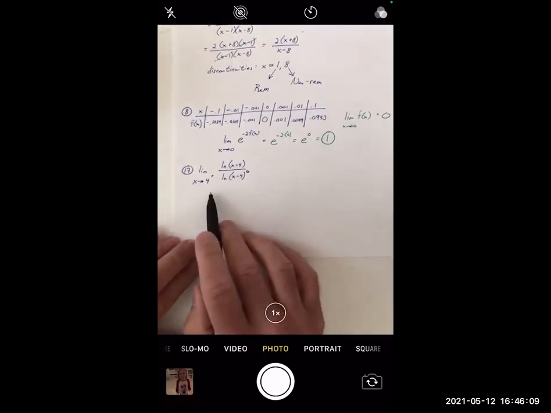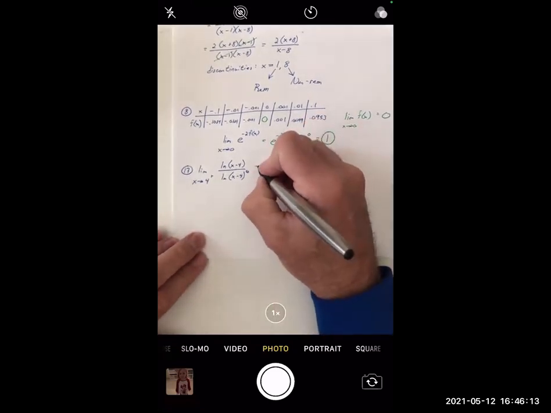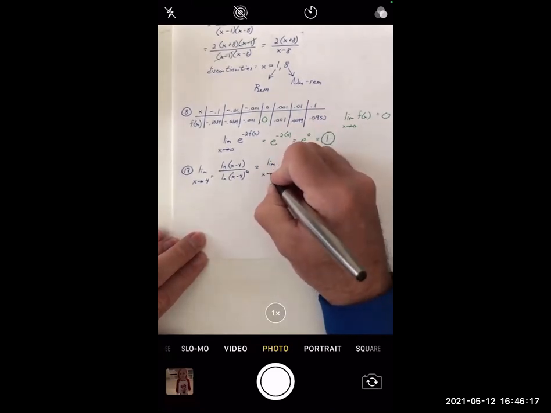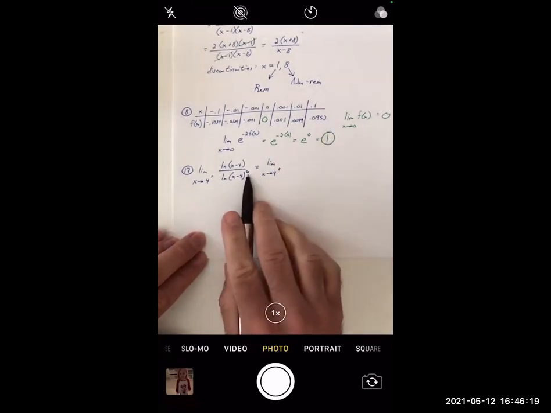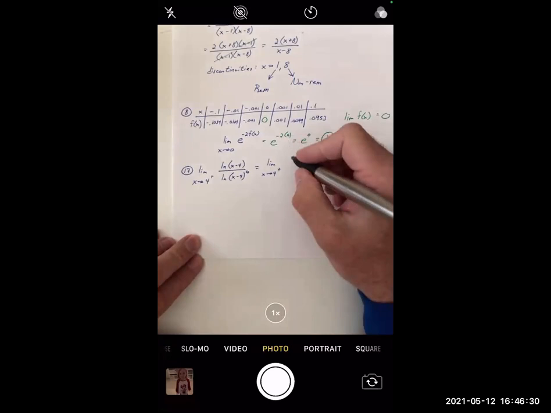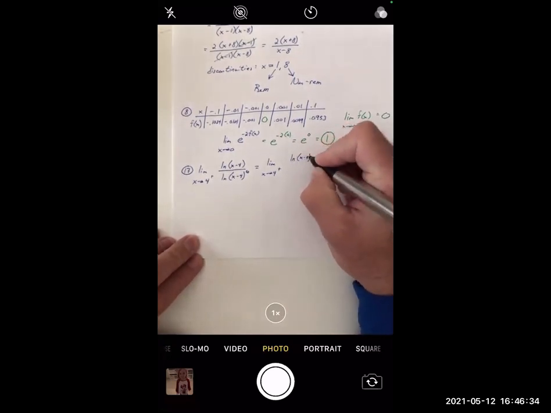So with this question, you had to remember logarithm properties, because with log properties, what are you allowed to do with the exponent? You can stick it in front of the log, or multiply. Pull it down.